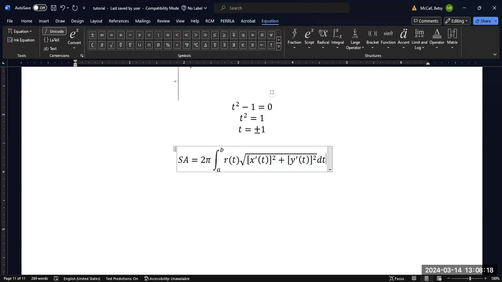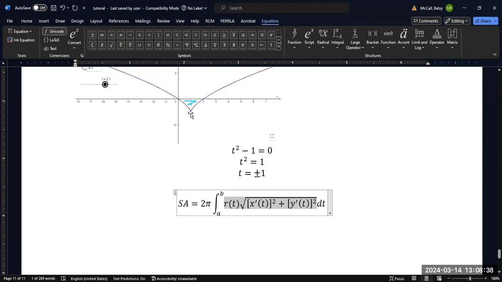And what's going to change when we revolve around the x-axis or the y-axis is precisely what this function out front of this is. If we rotate around the x-axis, then the radius will depend on the y function right here, because the radius of each of our slices is going to depend on the height of that y function.